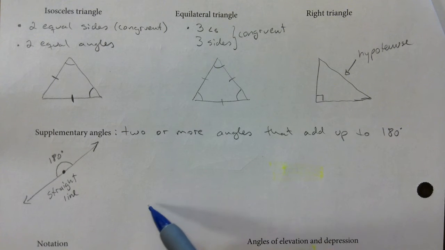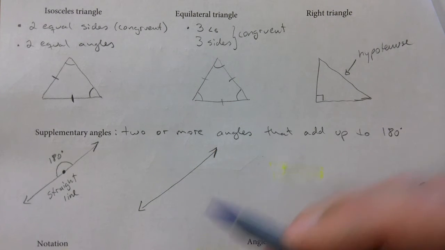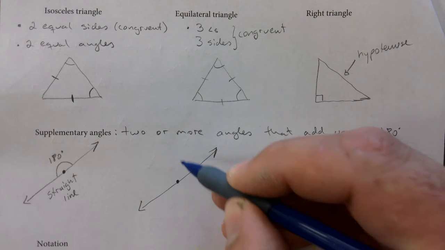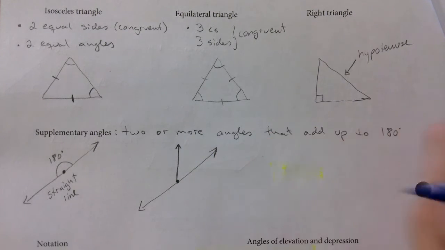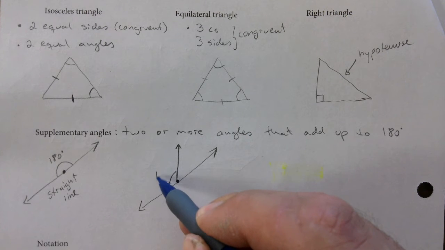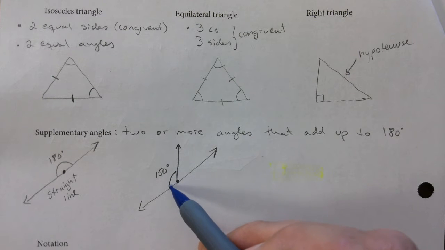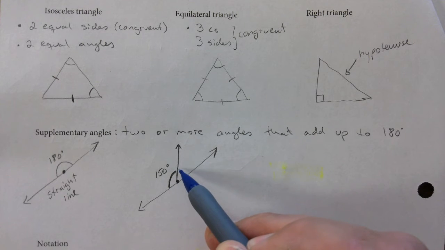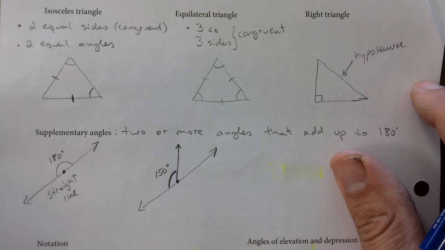And if you were to make another one here, another straight line like that, and we're going to have another vector coming out of it. If I told you that this angle on this side is 150 degrees, could you tell me what this sliver would be on the other side? Oh, I have to put it a little higher up here.